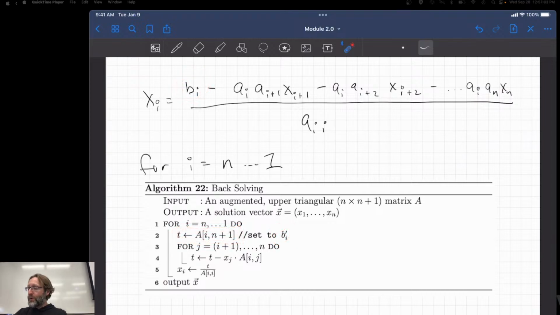And then for j running from i plus 1, i plus 2, dot dot dot, up to n, we simply subtract off whatever terms we had here. So this is a sub i j times x of j, and then we subtract that off of t. The t here is our total. That's why I use t, or temp, or something like that. And then at the very end, we divide by that value on the diagonal.